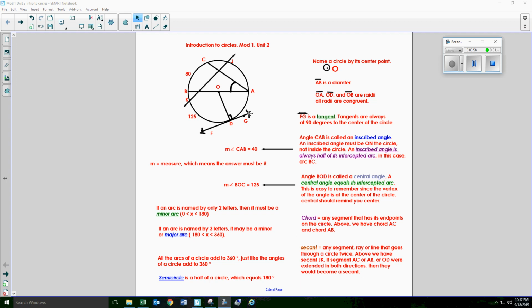You can say that line FG is perpendicular to the radius at the center of the circle. It's always going to be 90 degrees.